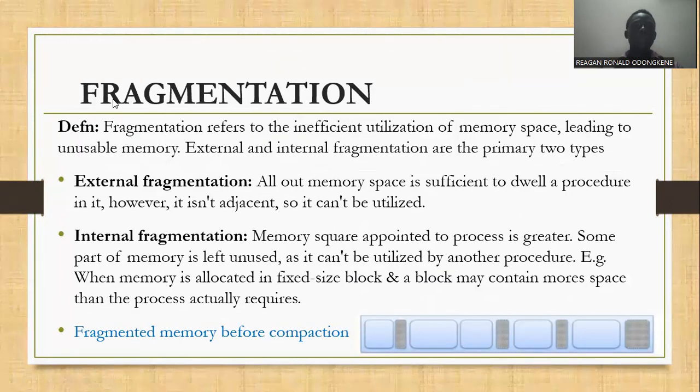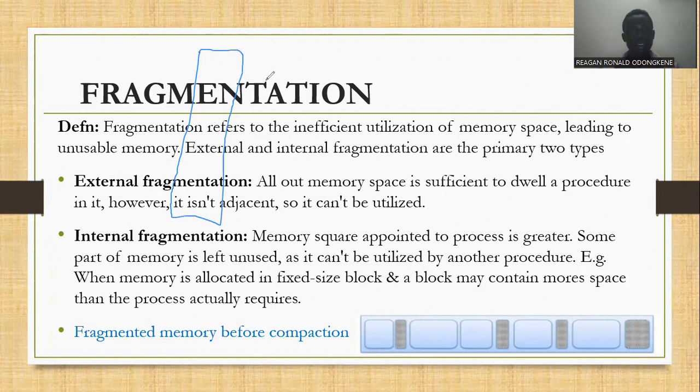Fragmentation, by definition, refers to the inefficient utilization of memory space, leading to unusable memory. External and internal are the primary two types of fragmentation. I think for me to explain this, let me use an example. Let's take a memory block of fixed size.